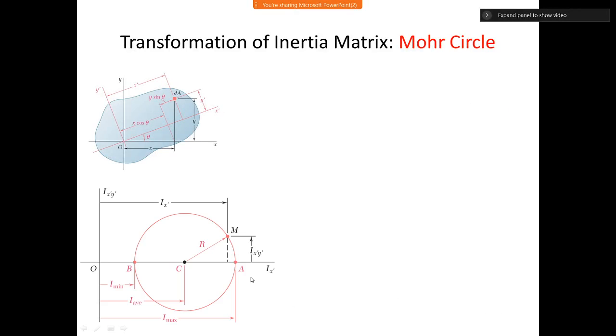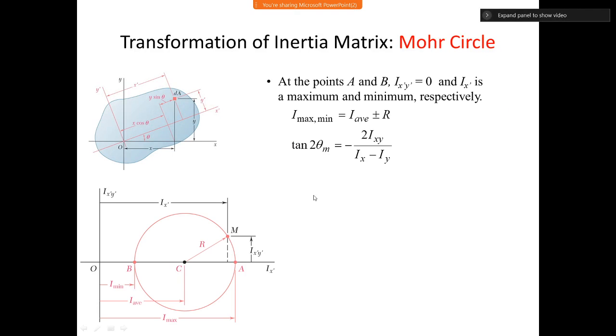Okay, a little bit more definitions, just concluding definitions, and then we will have an example to understand it. So at points A and B on the Mohr circle, at point A you can see the Ix'y' is 0, and similarly for point B. At A your Ix' is maximum, but your Ix'y' is 0.